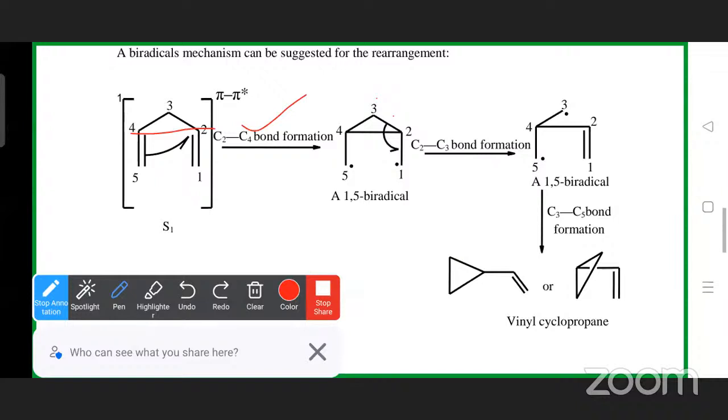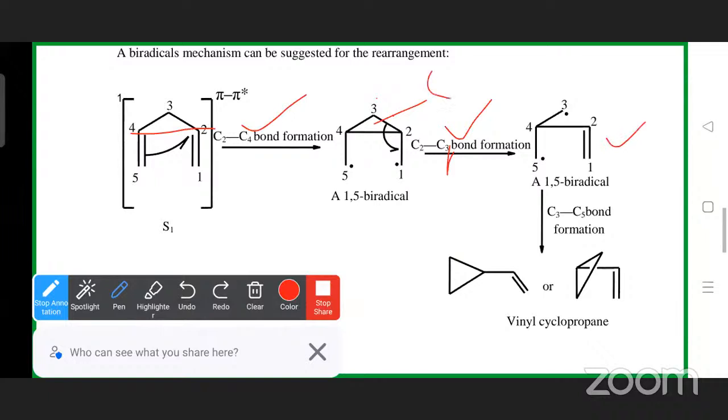After formation of this cyclopropyl ring, the C2-C3 bond cleavage takes place. Later, the C1-C2 bond formation takes place.